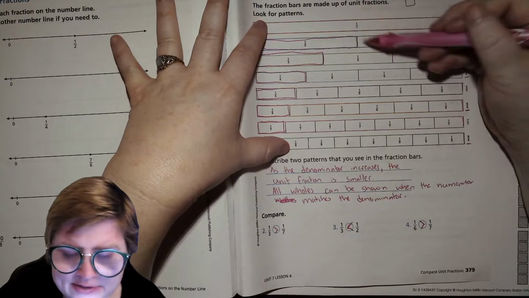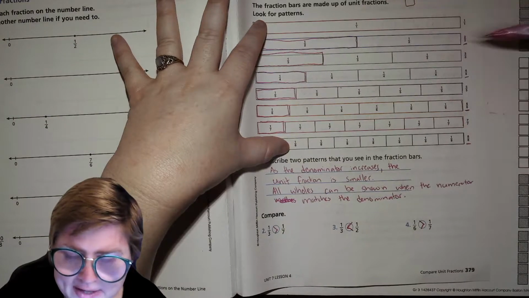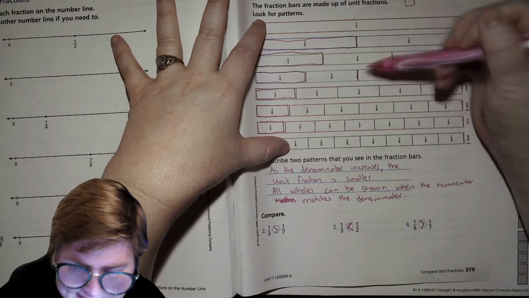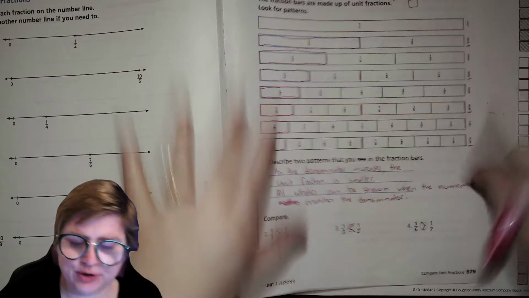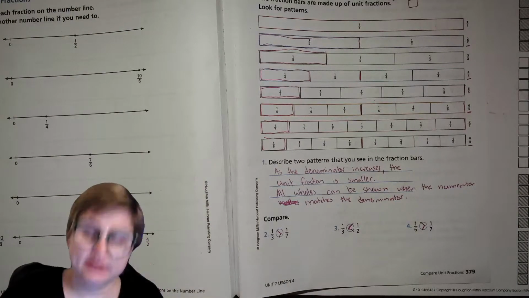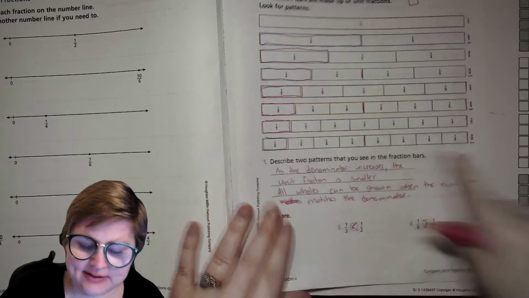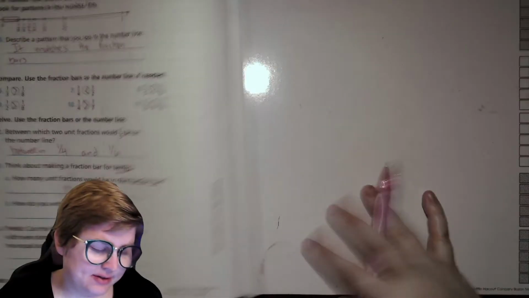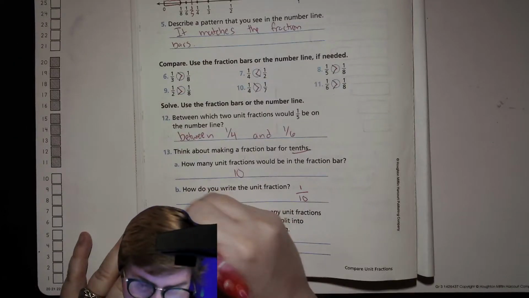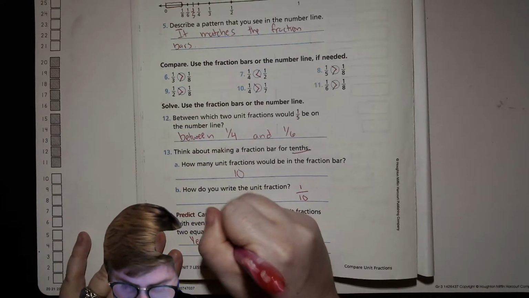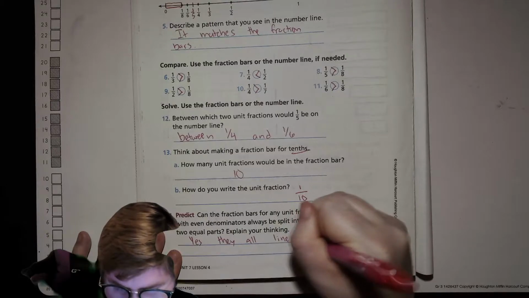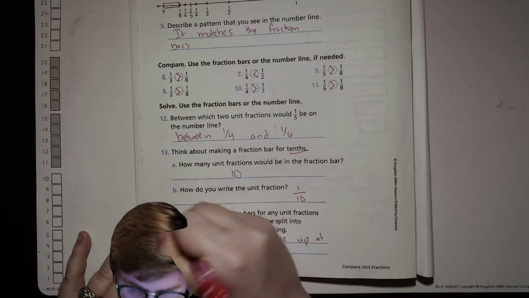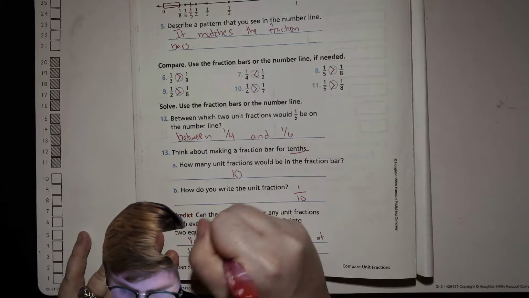And we want to see, do they all line up with this 1/2 mark? Yes. Yes. Yes. So that fraction bar could be split into halves. It already has that. So yes, they all line up at the 1/2 mark.